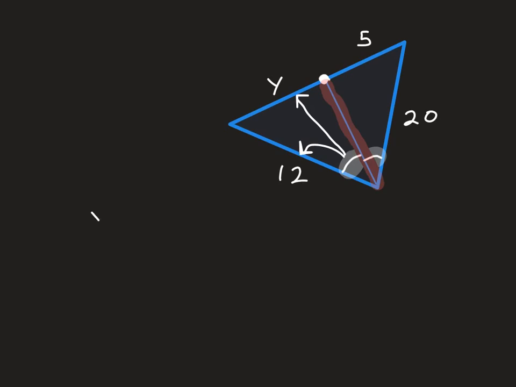So I could say that y divided by 12 is equal to the other side's opposite divided by adjacent. So that would be 5 divided by 20. So I just wanted to show you that we're always starting from these congruent angles here when I say opposite divided by adjacent and opposite divided by adjacent. Doesn't matter what orientation the triangle is in. And then, from here we could continue forth and cross multiply, divide, and get my solution.